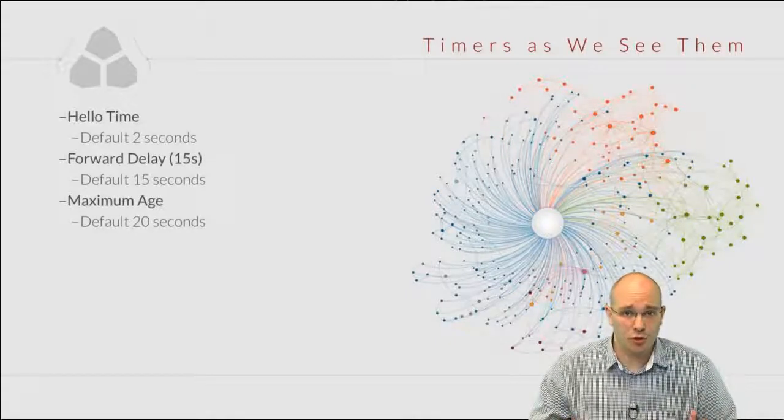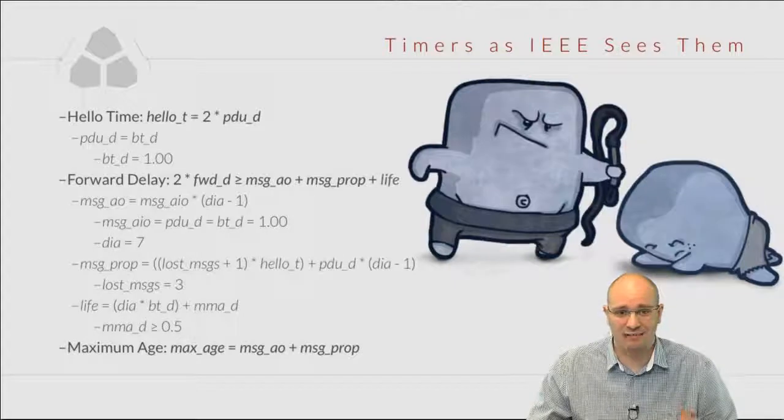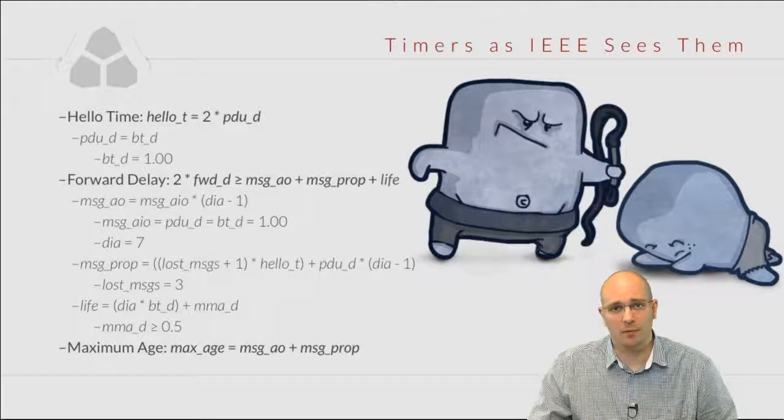Also, what I wanted to show you, and I'm going to go back to that slide for just a second. Take a look that forward delay and maximum age both contain different parameters that are actually a function of a diameter. Diameter is an arbitrary number, and we can see that it is hard-coded to 7 by default.